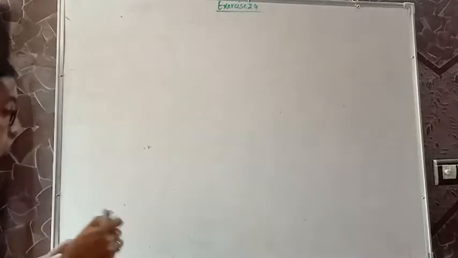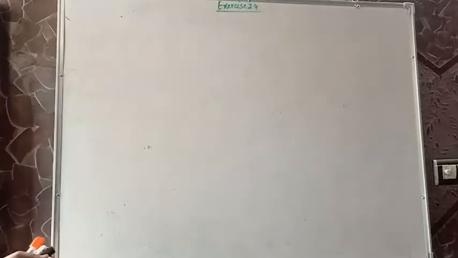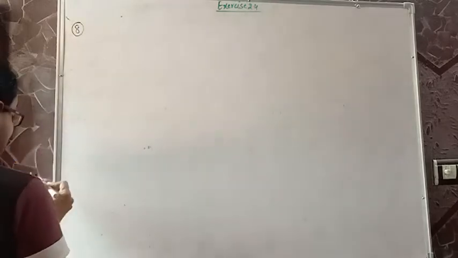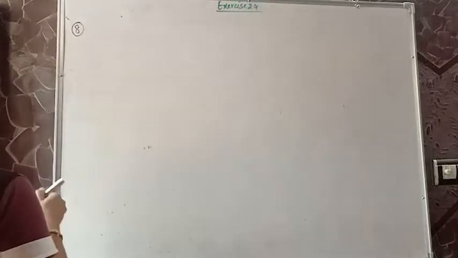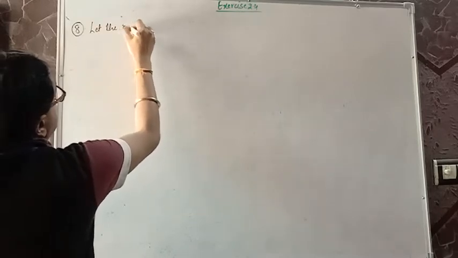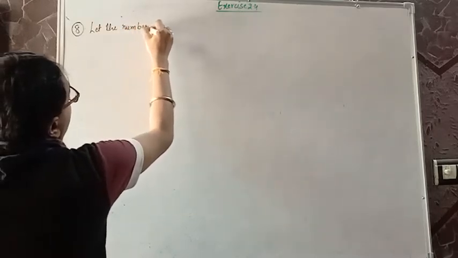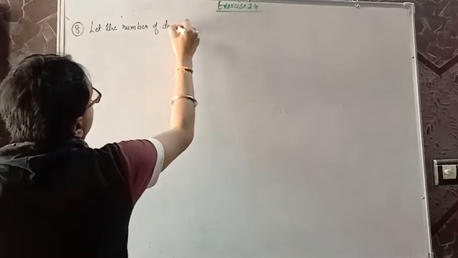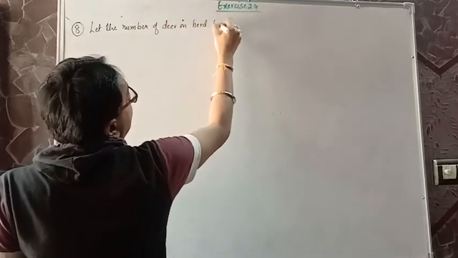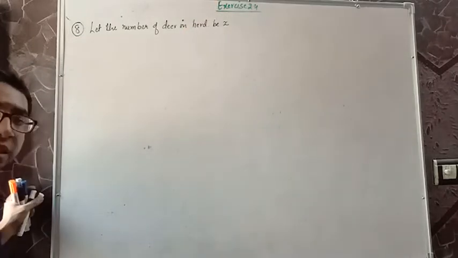I'll do this question in the simplest form for you so that you can have a better understanding. Question number 8. First of all, let the number of deer in the herd be X. Clear?